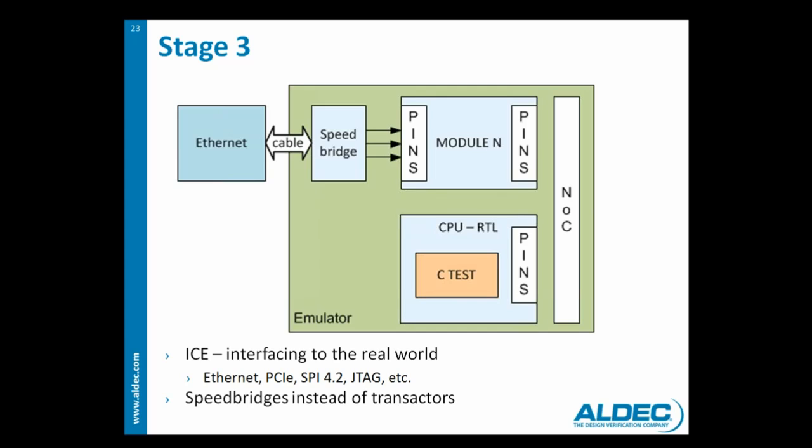If we want to feed real-world test vectors to the hardware, we were connecting real-world interfaces, let's say Ethernet, C6, or JTAG cable. With this, we were able to do full-fledged prototyping.